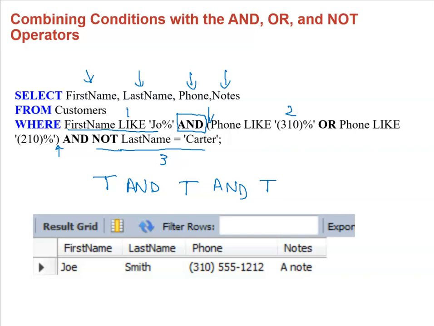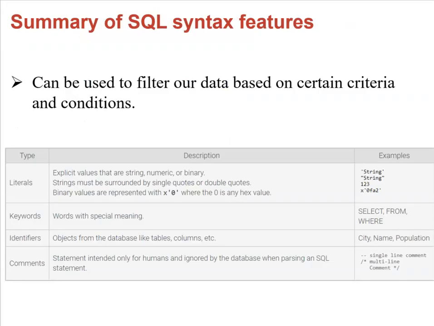So when these combine to give you true, then the record will be printed out. And you can see all of these three conditions are satisfied. The name starts with J-O, so it's Joe, and then these two conditions are evaluated. The number starts with 310, and then the last name is not Carter.